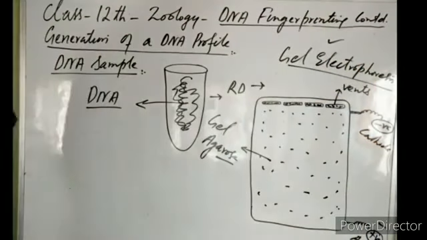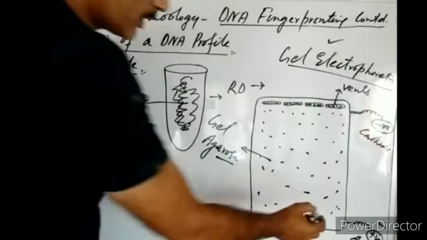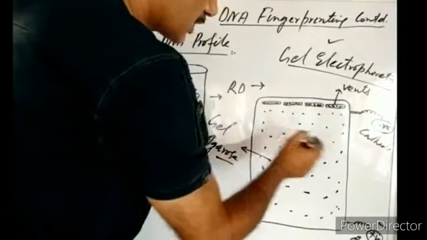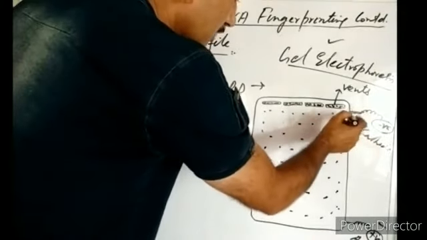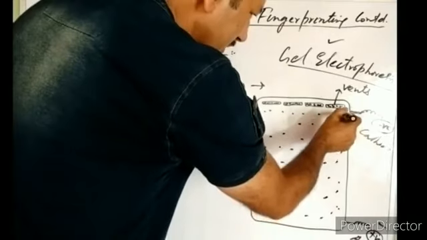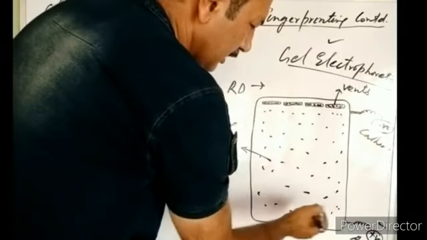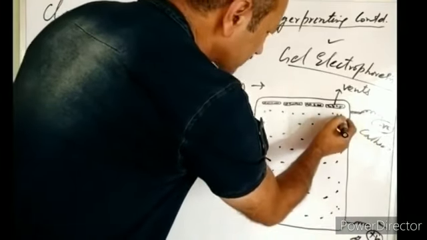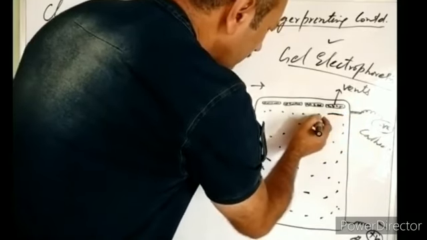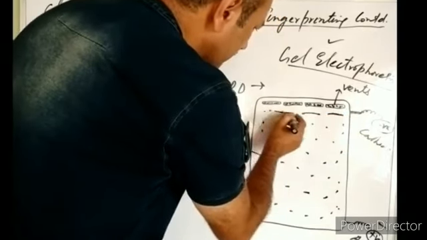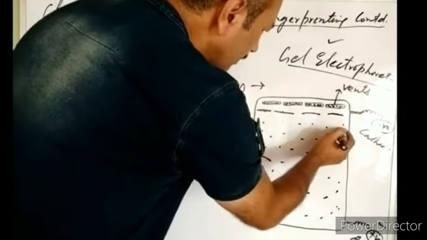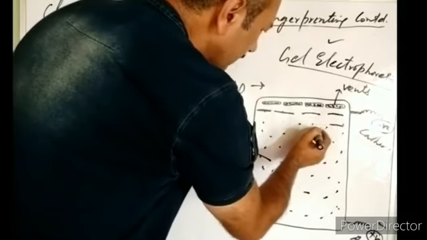So as electric current is applied, here we have positive charge, here we have negative charge. This DNA starts moving towards the positively charged electrode, because DNA itself is negatively charged.